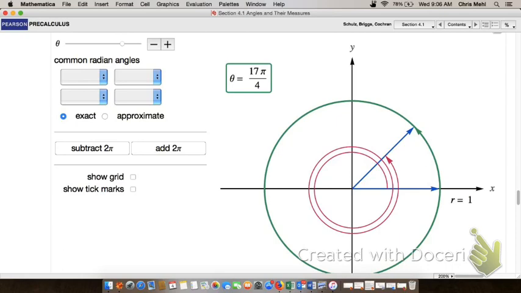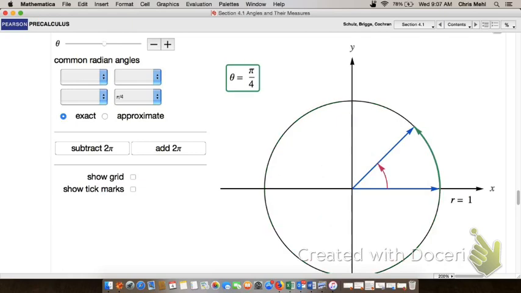Another thing you can do is start subtracting 2 pi's. I can take one of those complete counterclockwise rotations away to get back to 9 pi over 4. We can subtract another 2 pi from 9 pi over 4 to get back to our original angle pi over 4. And I can keep subtracting 2 pi's.